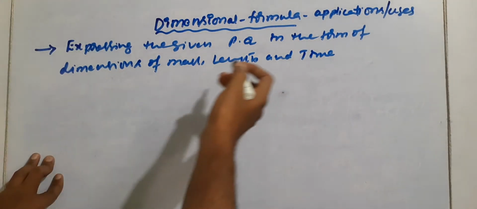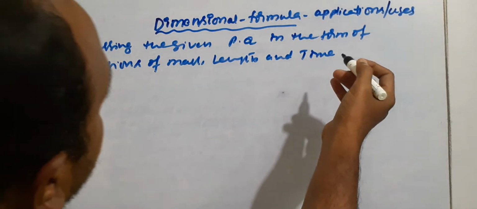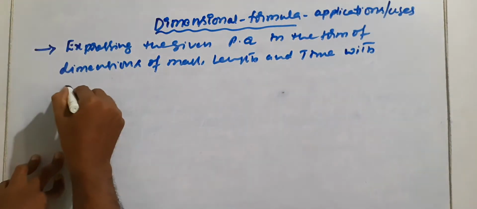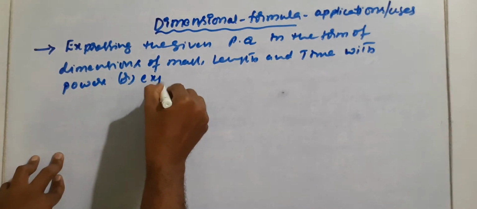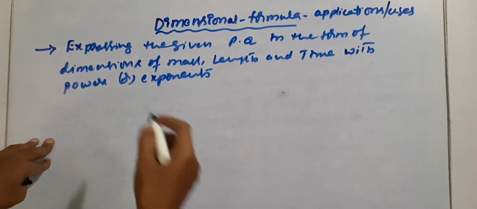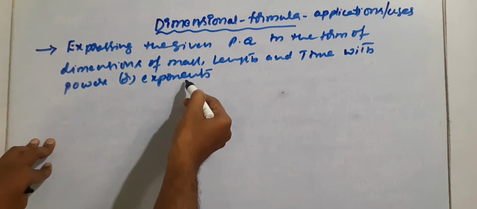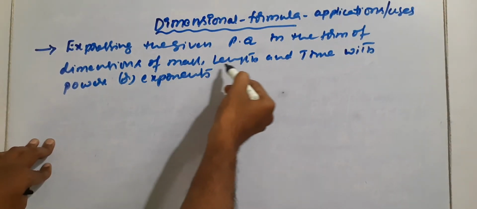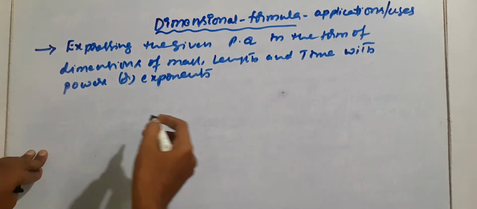So expressing the given physical quantity in the form of dimensions of fundamental quantities or base quantities with powers or exponents is called fundamental quantities dimensions with powers or exponents. So if you express the given physical quantity in the form of dimensions of mass, length, time with powers and exponents, it will be the dimensional formula.